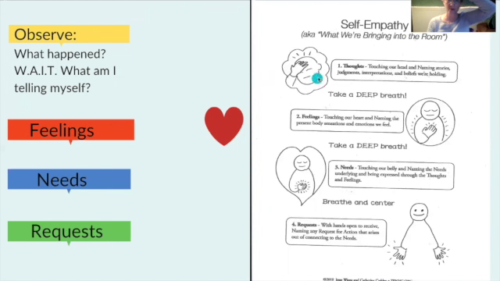What am I telling myself? Just naming the stories, the judgments, the interpretations, the beliefs that I'm holding. Of course, you don't have to put your hand on your head, but if you'd like to, that might be a way to remember the 4-part process.